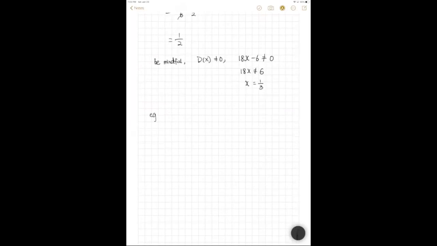Okay, another example. I have x squared minus 25 over x squared plus 8x plus 15. So look at the numerator. Is that familiar? You see x squared and 25. 25, we can write it as what? 5 squared. This is what?